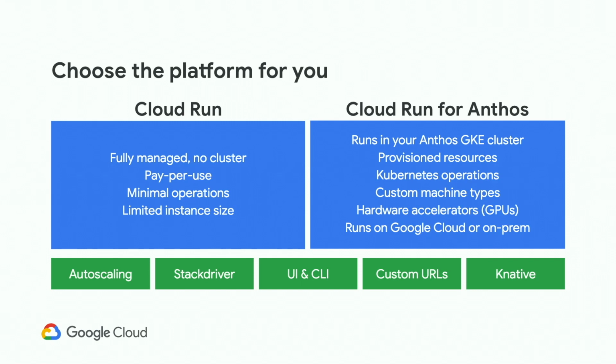This allows you to run your container image on Google platform and also on other platforms such as on-premises and AWS, because Anthos is the technology in Google Cloud that allows you to manage a Kubernetes cluster no matter where it is located. So there are two options. You can either use the fully managed one, or you can deploy your application to different environments or different cloud environments as well.